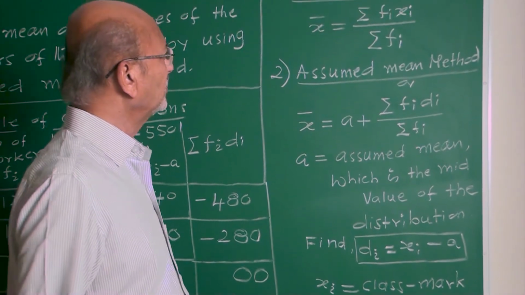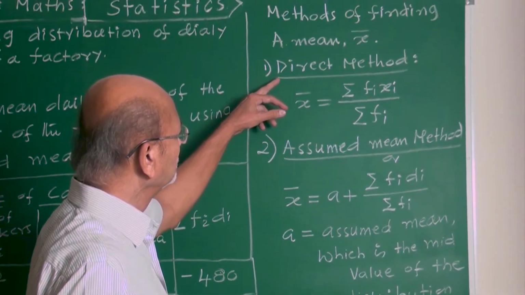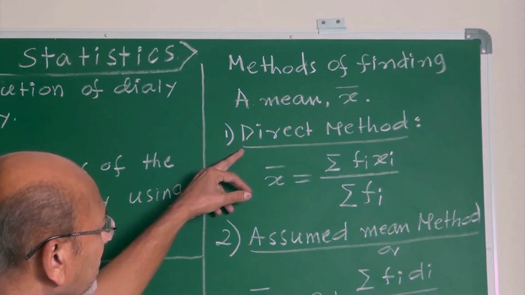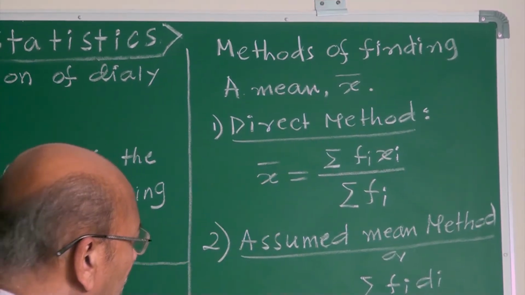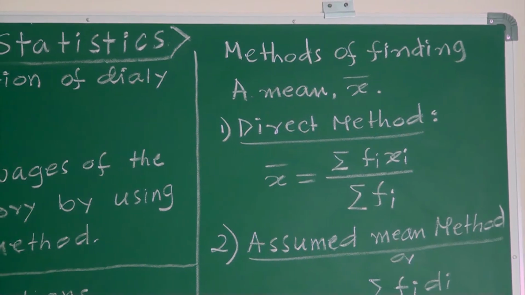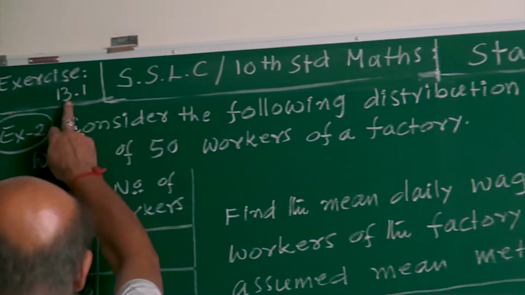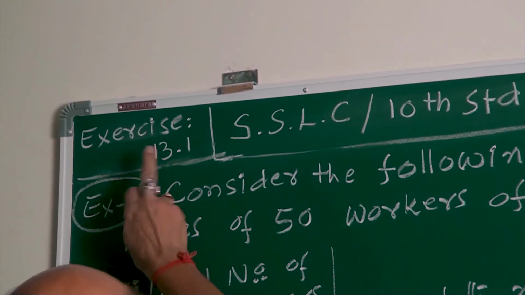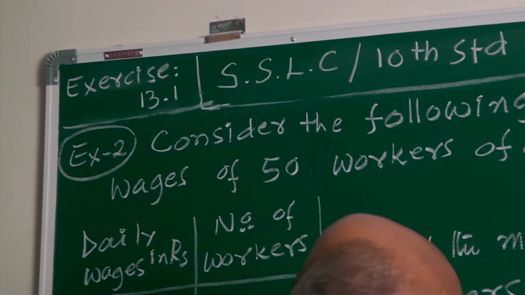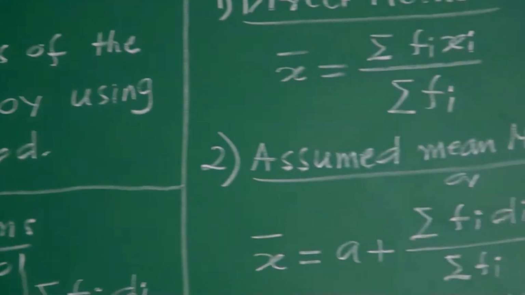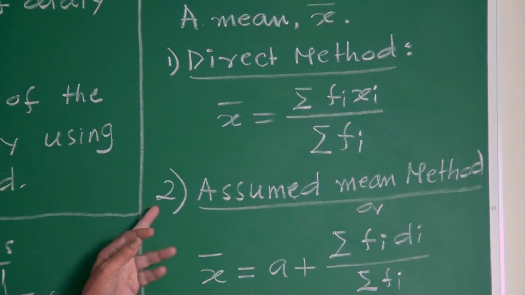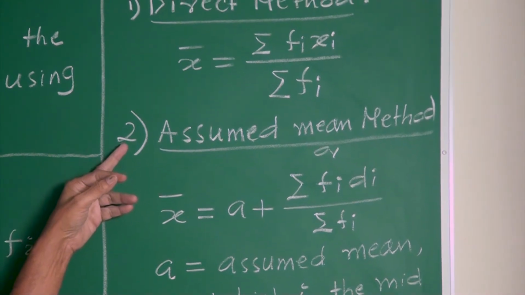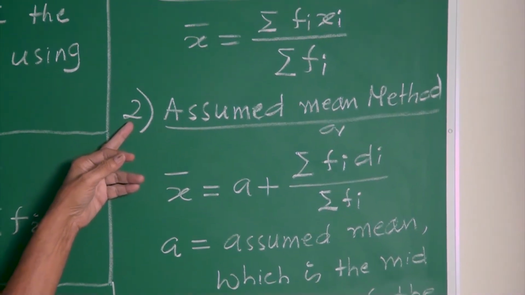Now my friends, already we have completed the direct method, how to do the examples in direct method, everything we have done. Even I have done some examples from exercise 13.1. Then I started in the previous video what I mean by assumed mean method or shortcut method.